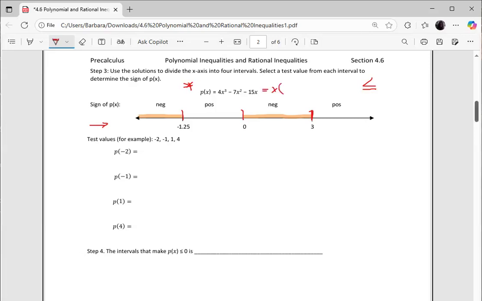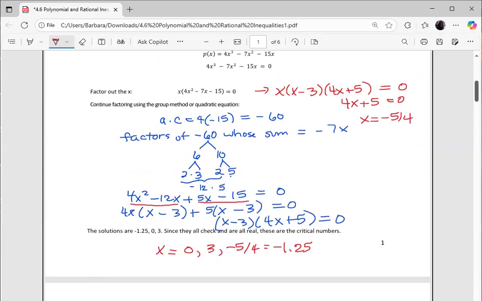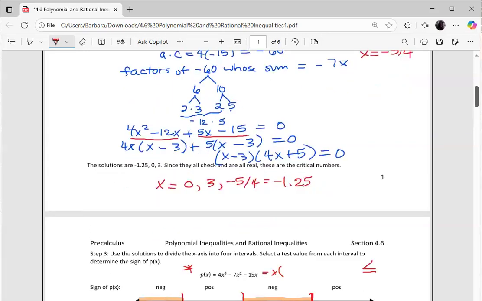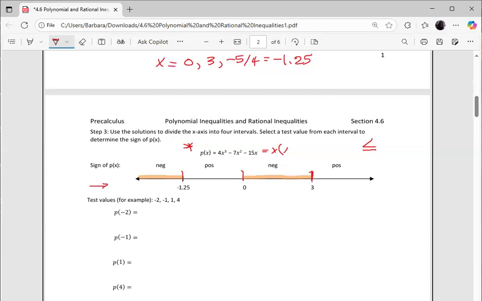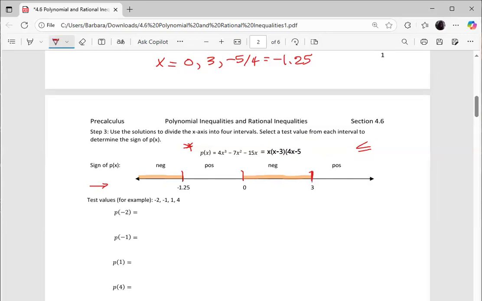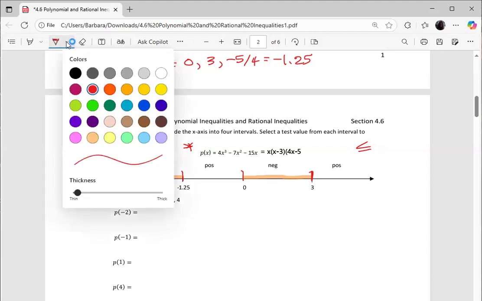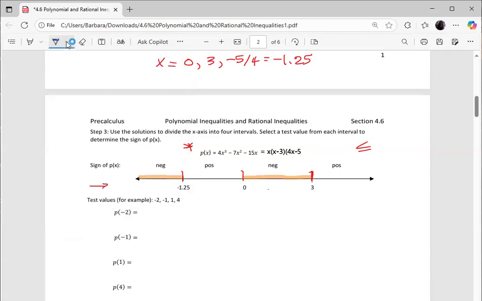The factored form is x times x minus 3 times 4x plus 5. I decided to type it in to be a little more legible here. All right, so I'm going to pick some test points on each interval. So I'll put that in blue. Something smaller than negative 1.25 could be a negative 2.